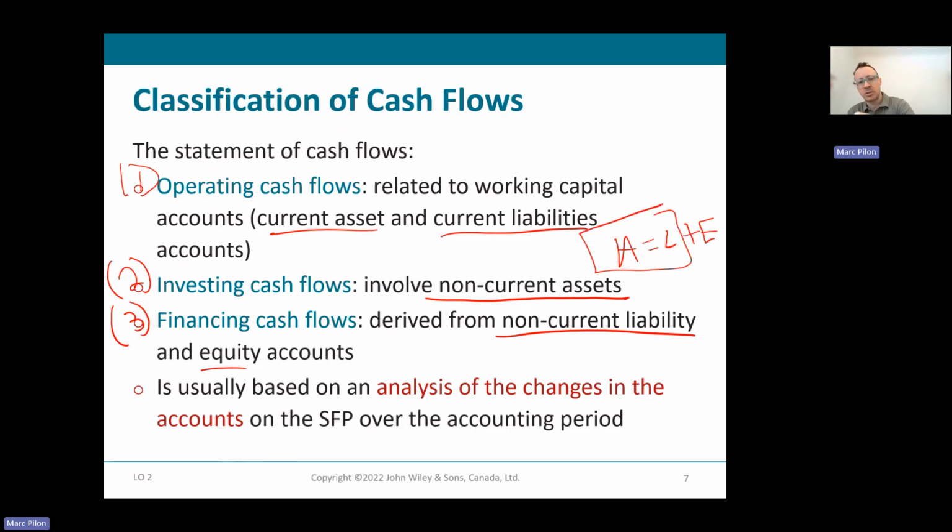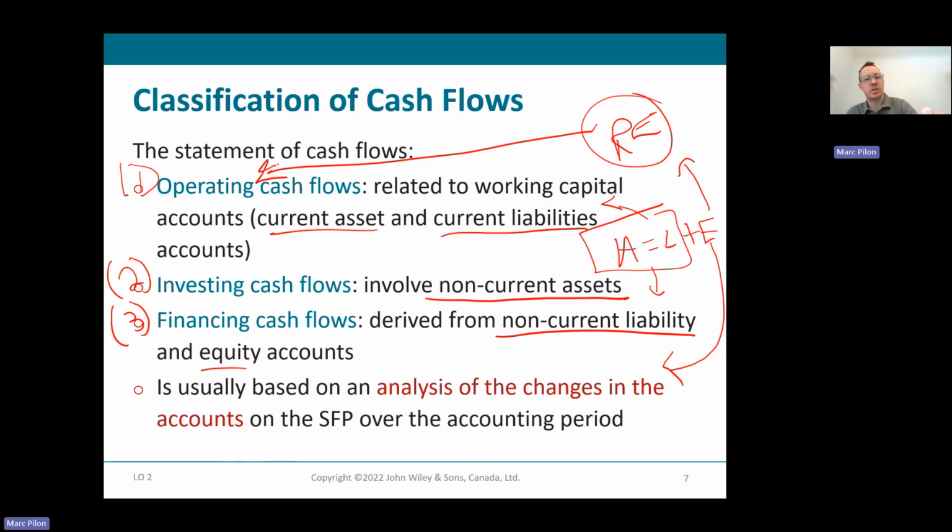Anything current here goes operating, non-current goes down, and all of equity goes to financing activities. Except retained earnings, part of retained earnings, not the dividends part, but the net income part is part of operating activities. So equity down here would be changes in share capital.